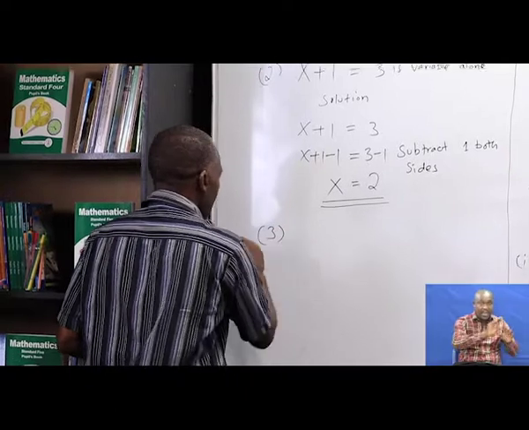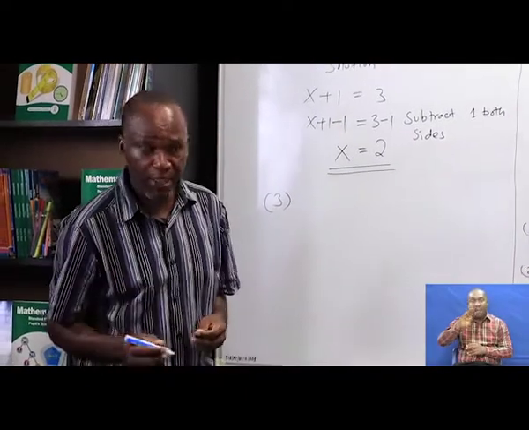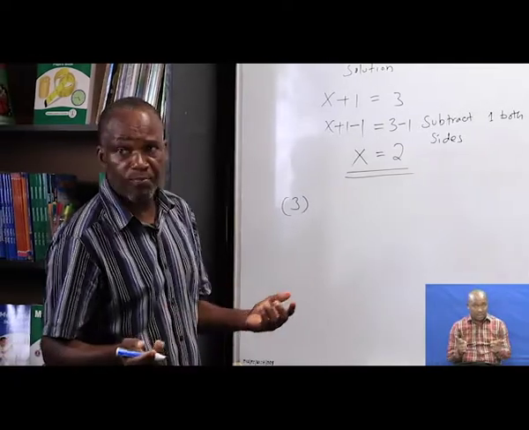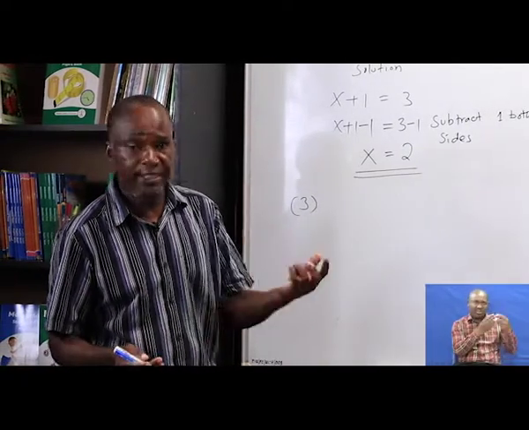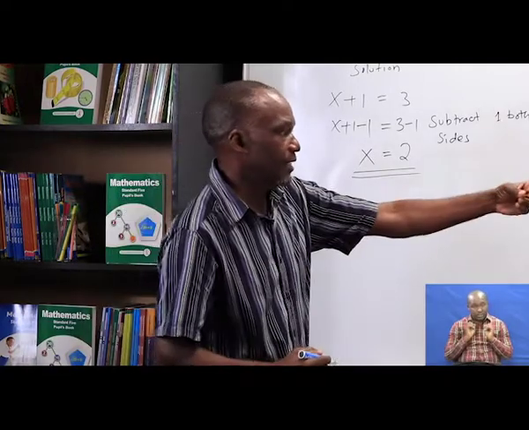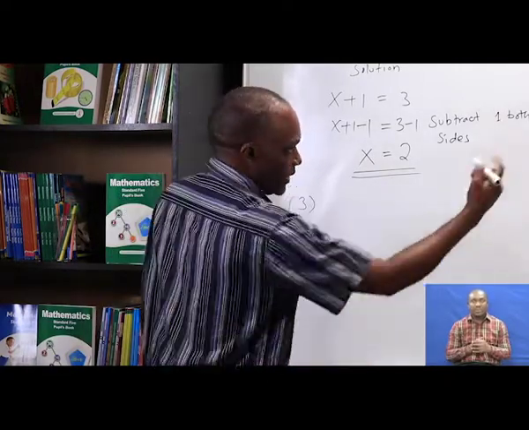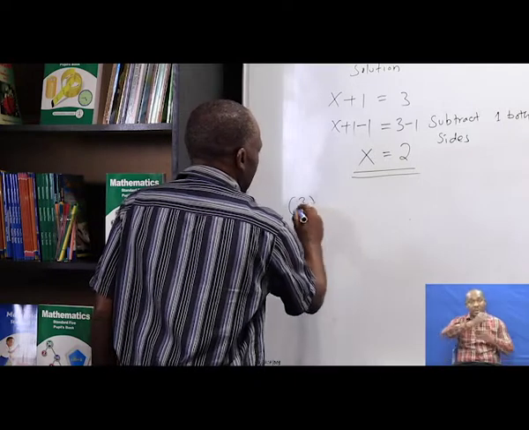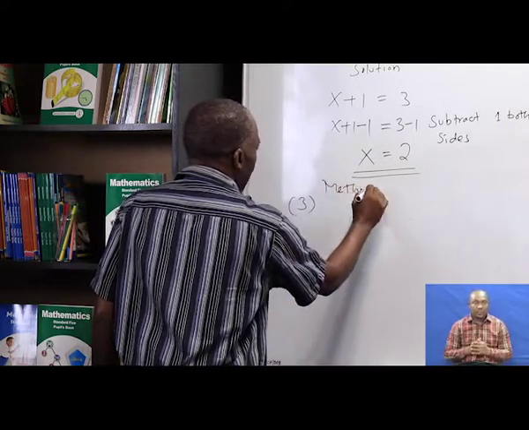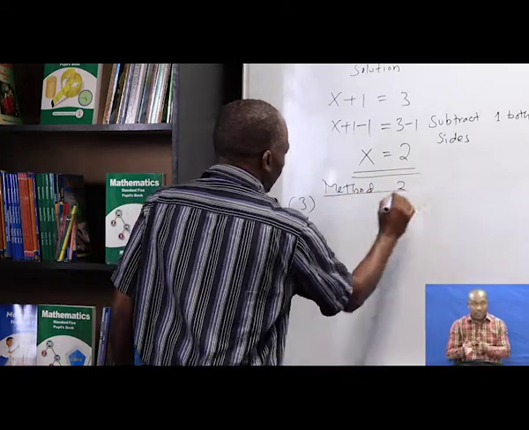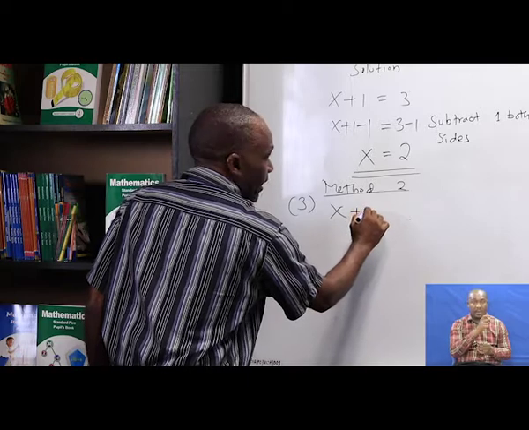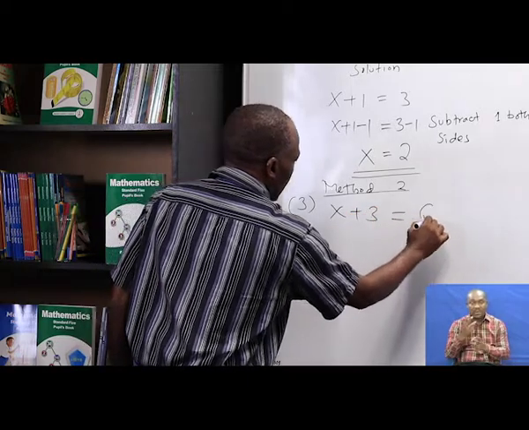Number 3, I'm going to use another method. I think that one is very simple compared to the first method. Let me write method 2. x plus 3 is equal to 6.